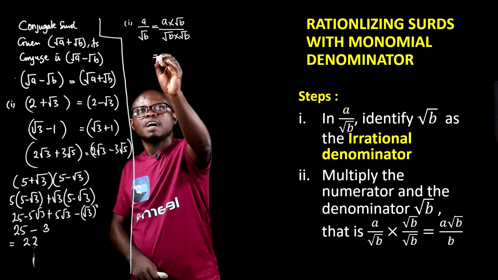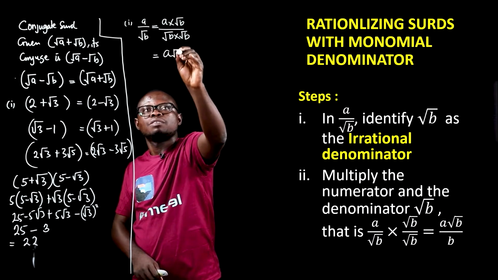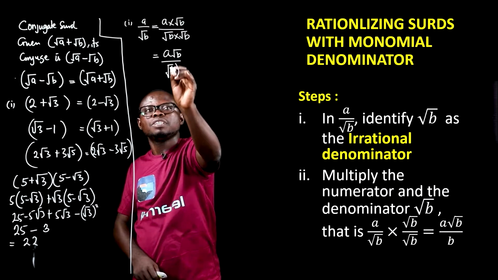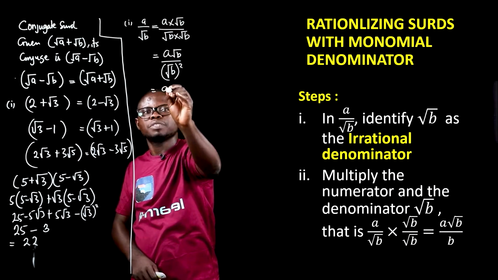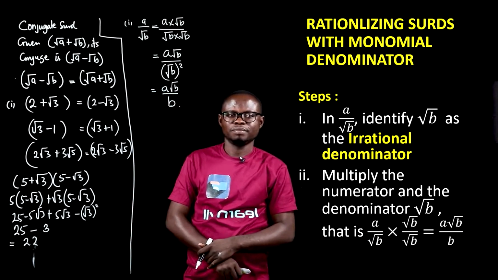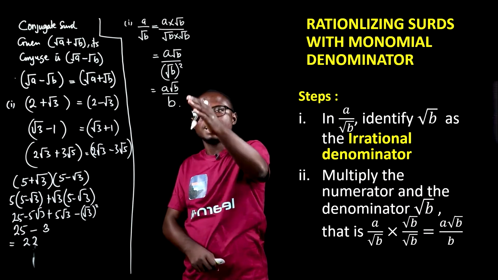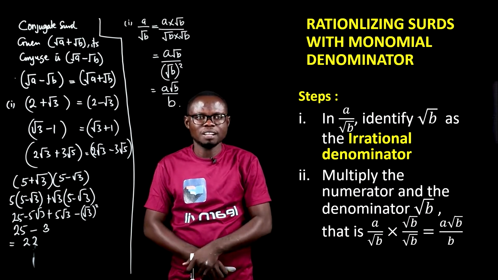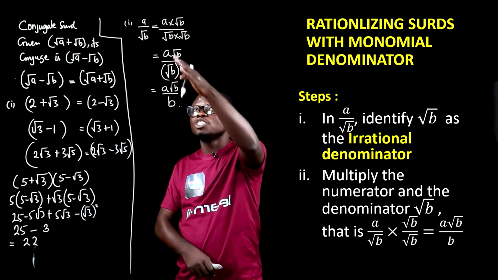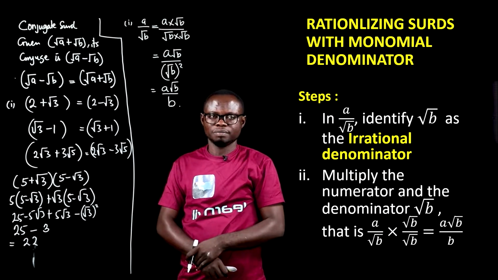This simplifies to a root b over root b squared. That becomes a root b over b. Initially, it was root b, an irrational number. Finally, we have b, a rational number. We say that we have rationalized the denominator of the surd a over root b.